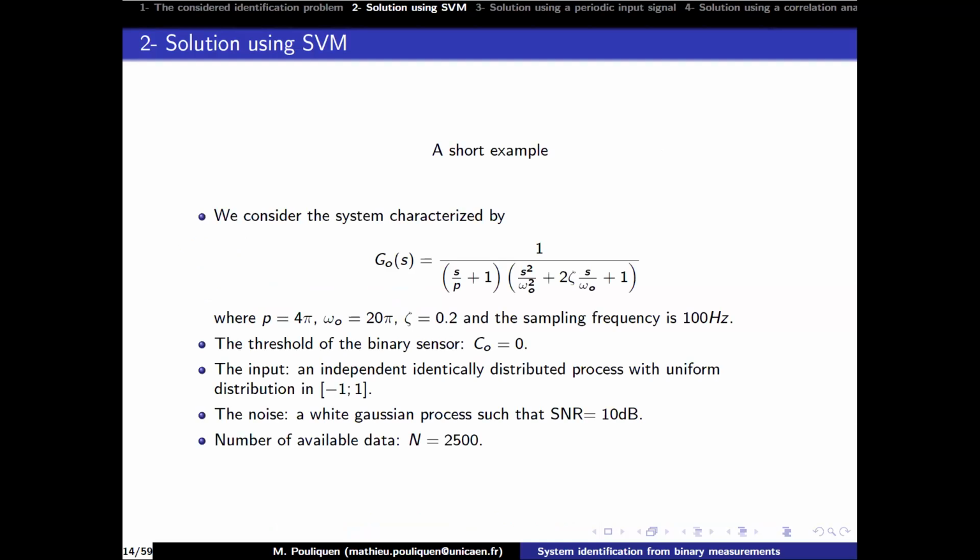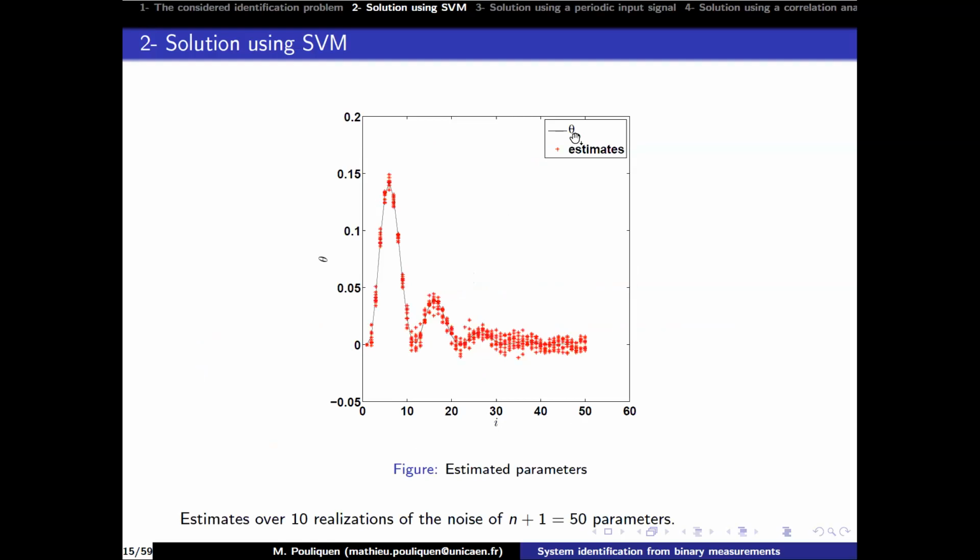A short example of this algorithm. Just a very short numerical example. Here I have a continuous time system, and I want to estimate its impulse response. Here I choose a threshold equal to 0, an input coherent with the theoretical result, the noise also, and I use 2,500 data to obtain this.